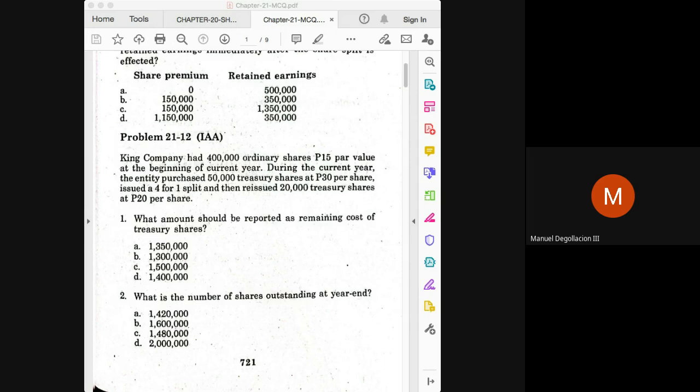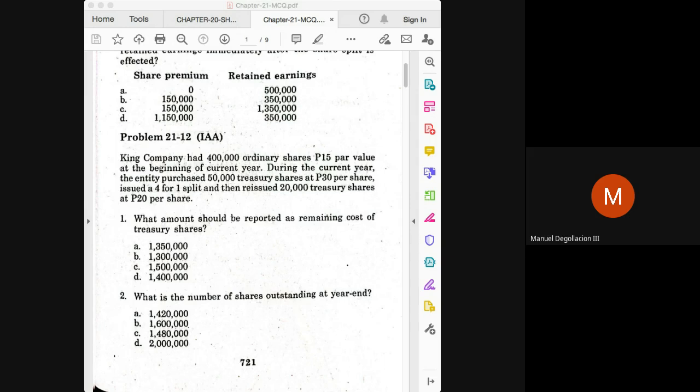As we have determined earlier, the issued shares is now at 1,600,000, and after all these transactions, our treasury shares is at 180,000. So 1,600,000 minus 180,000 will give you 1,420,000. So the answer for the second question for 21-12 would be 1,420,000.